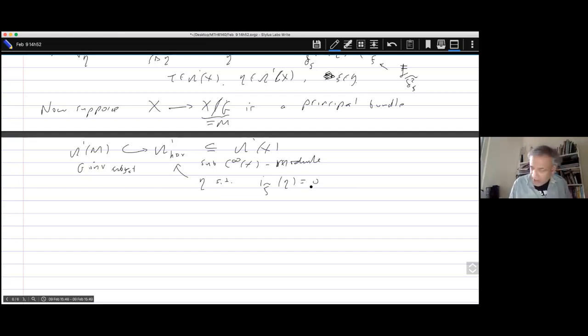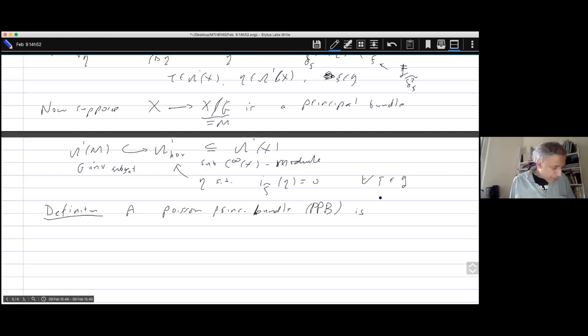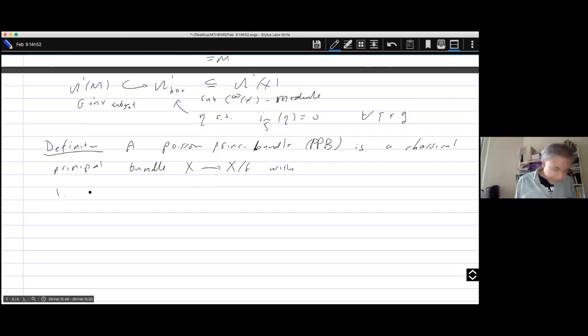So they kill, so I told you that's a transversality condition for a classical bundle. So we suppose that we have a classical bundle. Then we define a Poisson principal bundle, PPB, is a classical principal bundle X over X/G with 1, X Poisson, G is a PLG.